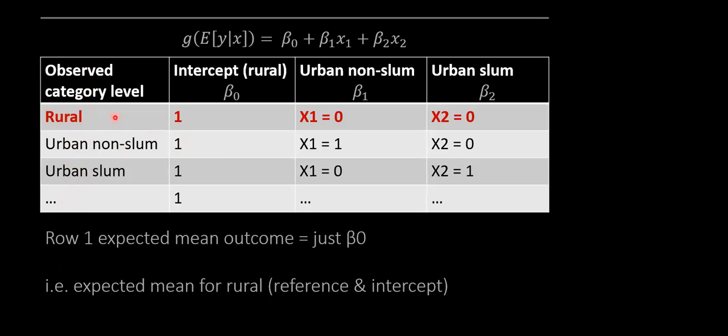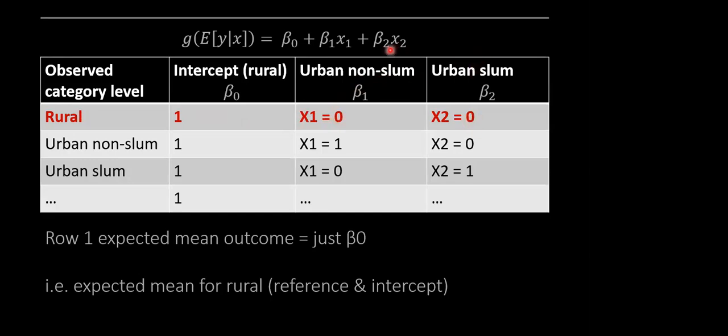In our first row, highlighted in red, we can see that the expected mean of the outcome is just the intercept, the beta naught coefficient. Because this observation is rural, for urban non-slum the dummy variable is set to 0, and for urban slum the dummy variable is also set to 0.